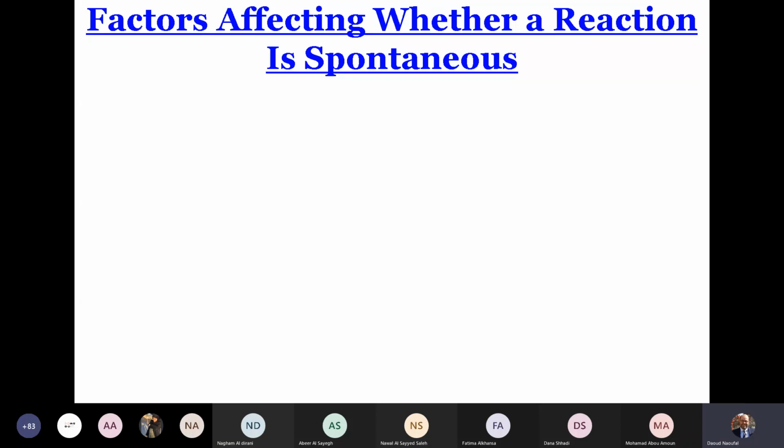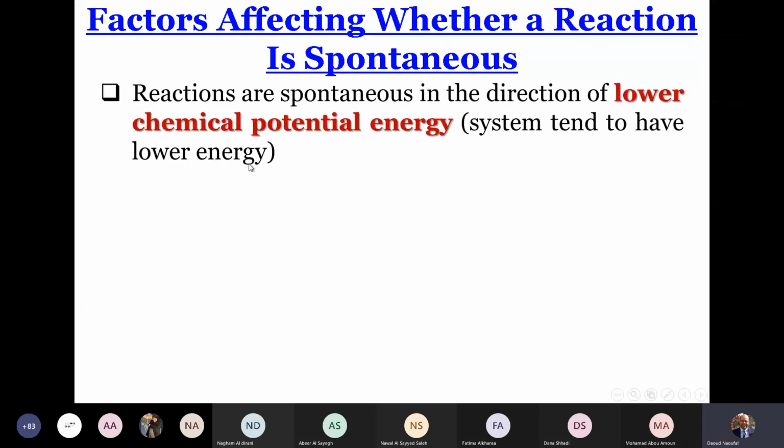To calculate delta G, we have to calculate delta H first, then we have to calculate delta S. So the factors that affect the spontaneity, in general, the reactions are spontaneous in the direction of lower chemical potential energy, so the system tends to have lower energy.